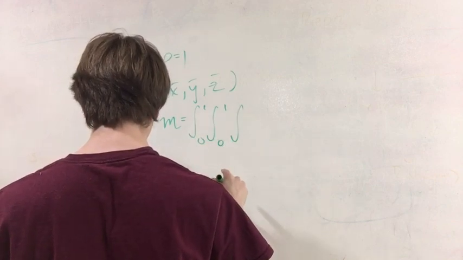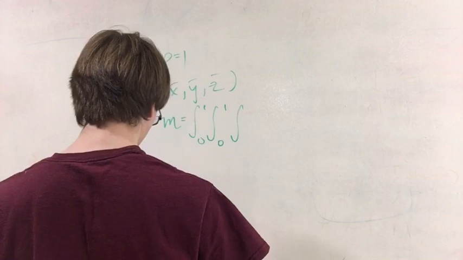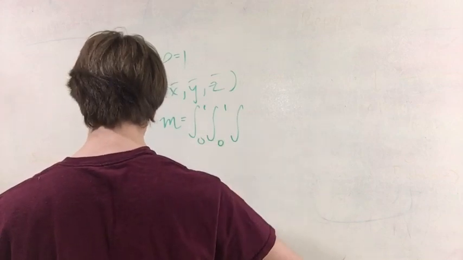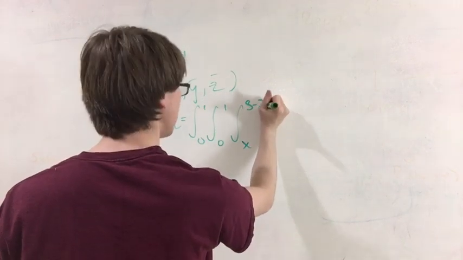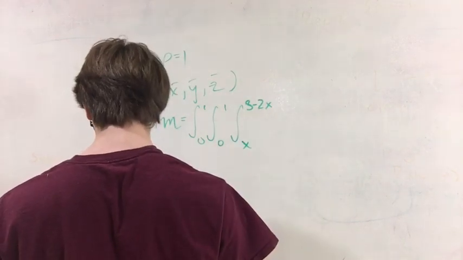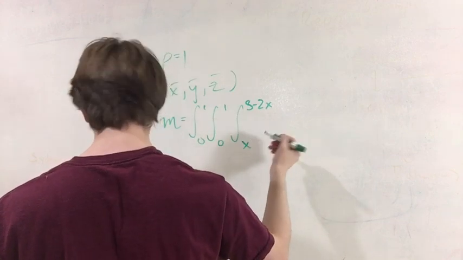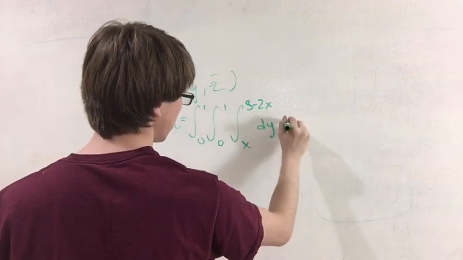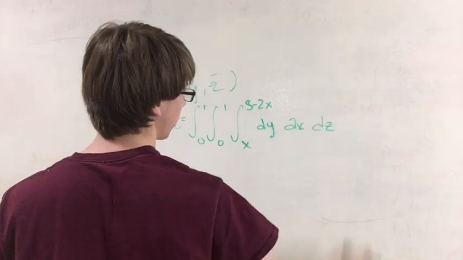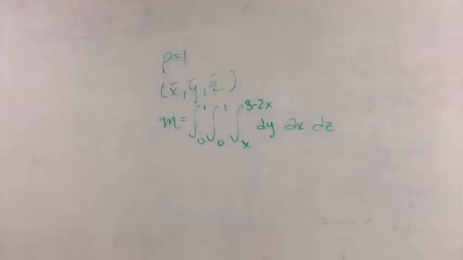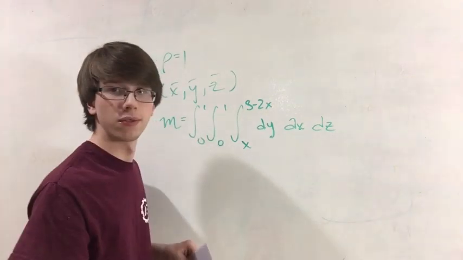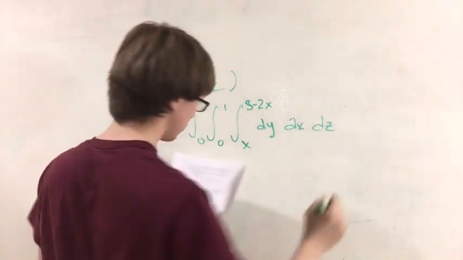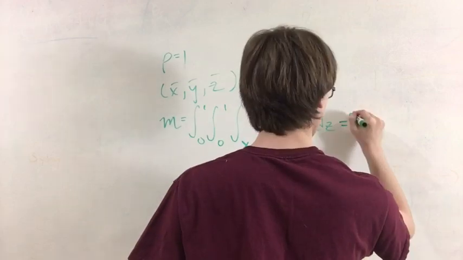We're going to plug in the equations from bottom to top, so lower to upper, because in order of lower y value to upper y value, so that's going to be x, 3 minus 2x for those bounding lines. And then our density is 1, so we're just going to do dy, dx, and dz. This being the integral within this integral within that integral. Okay? And this actually evaluates to 3 over 2.